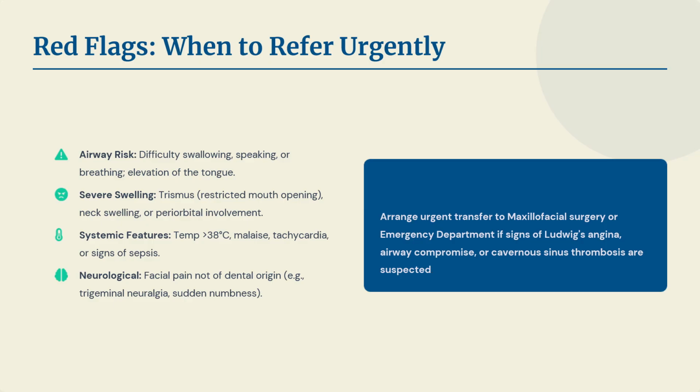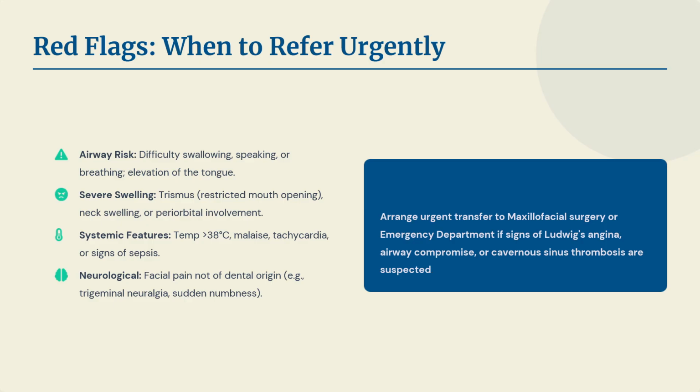When there is severe swelling and trismus, where there is restricted mouth opening, or neck swelling and periorbital involvement, then you have to refer them as well. Then systemic features: if the patient has a temperature of more than 38 degrees centigrade, malaise, tachycardia, and signs of sepsis, you just refer them.